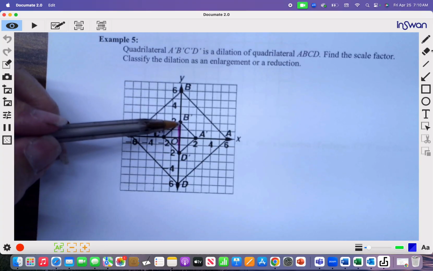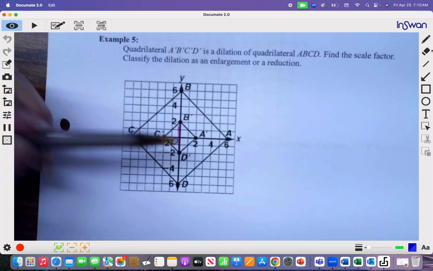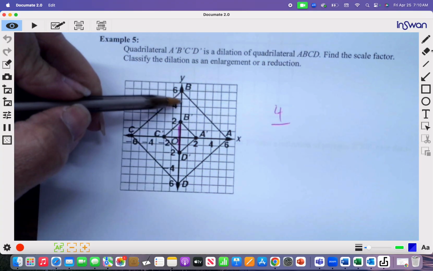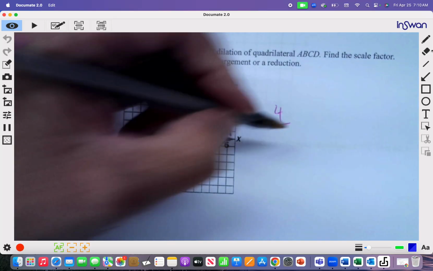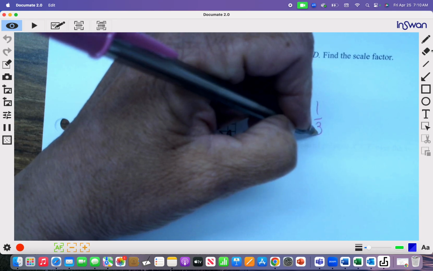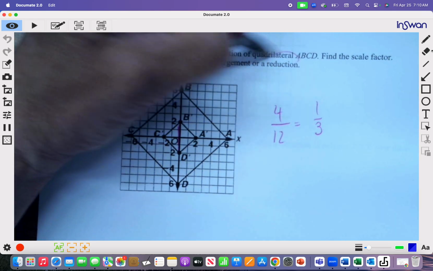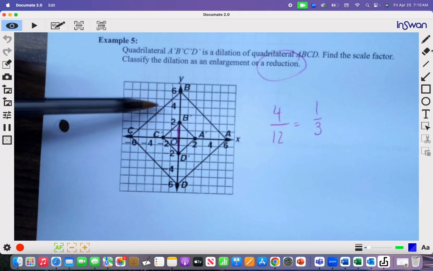If I count up this measurement, I have 1, 2, 3, 4. And this measurement, 1, 2, 3, 4, 5, 6, so that would make this 12. So 4/12 simplifies to 1/3.